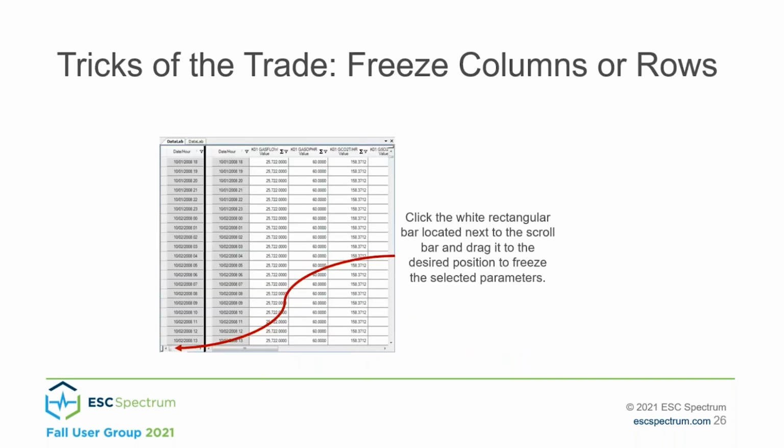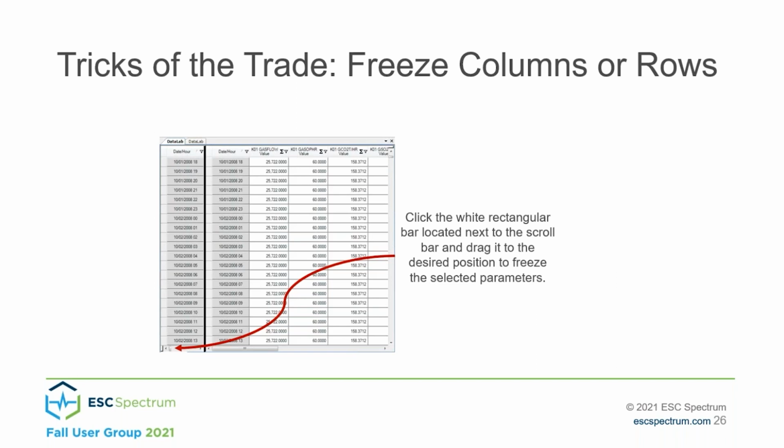You can also freeze columns or rows. How many people know that? There's a very hard to tell square or rectangle on the bottom left of the screen. You have multiple columns. That's the only way this little square is going to show up. Click on that square and drag it to the position that you want.